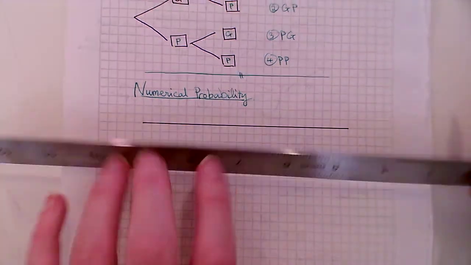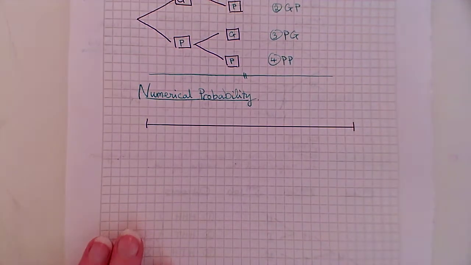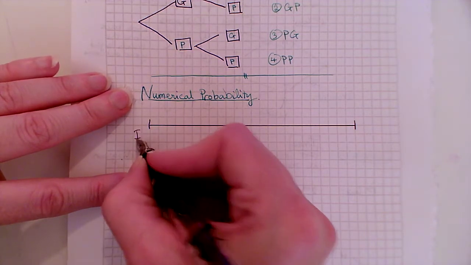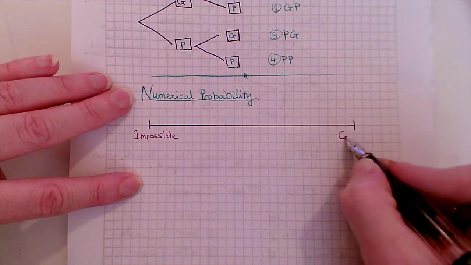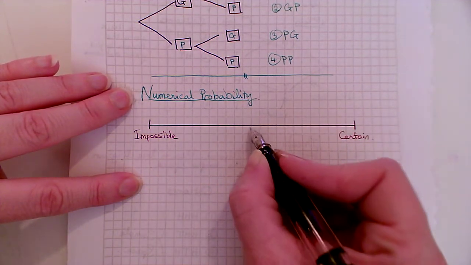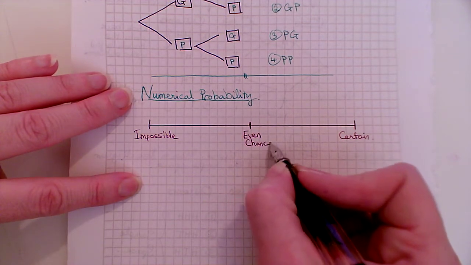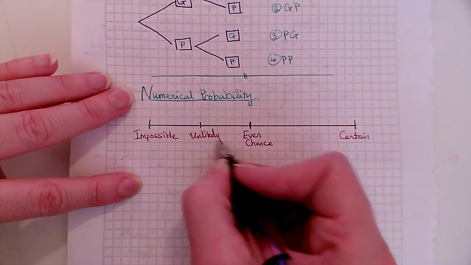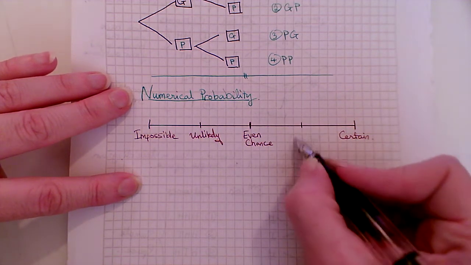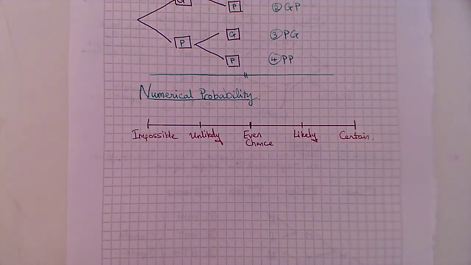And on our scale, we said that every probability was somewhere between impossible and certain, with an even chance in the middle. And we had unlikely and likely at the 1/4 and 3/4 mark.